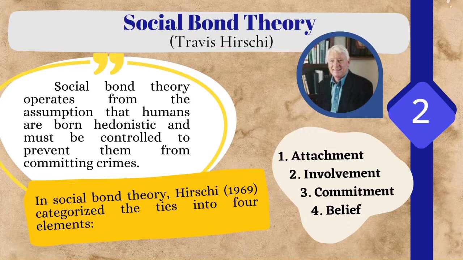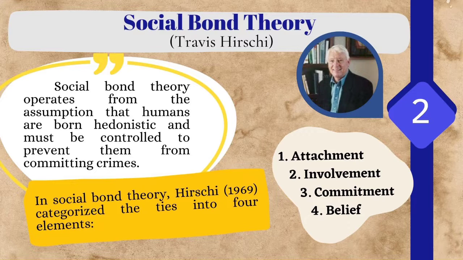Ito yung relationship natin sa parents natin. Ito yung pinaka-importante na concept ng attachment natin. The attachment to the circle of friends can also prevent deviance, as long as the circle of friends does not represent deviant norms.